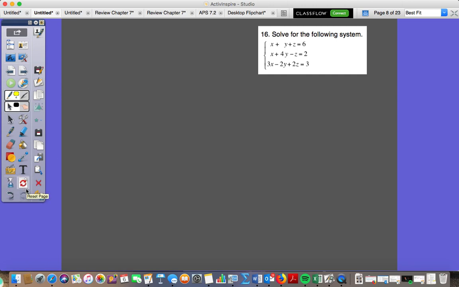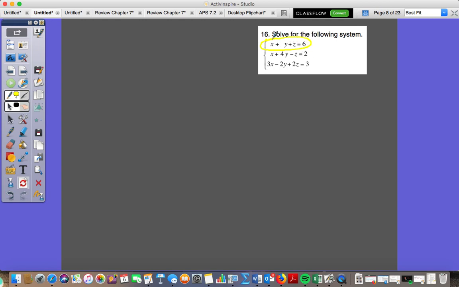An example of this would be number 16, which I'll wrap up with. I want to get one variable by itself, which it looks as though you could use elimination maybe on 1 and 2, maybe like 2 and 3, where I might just take out the z's on both of those. But for me, I always like the substitution part, at least at the beginning.